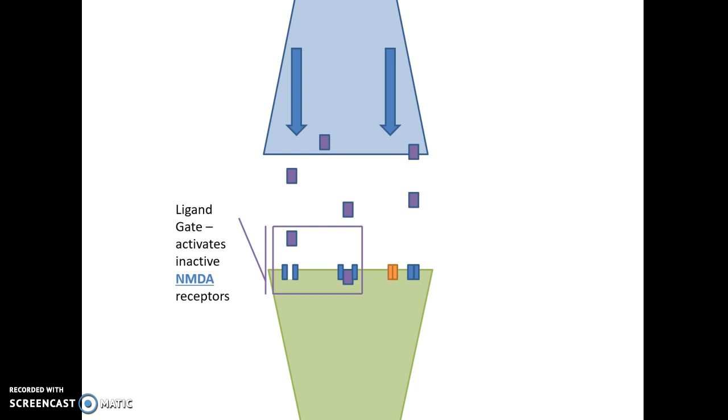And these receptors become activated with glutamate. So on the receiving neuron, there are inactive NMDA receptors, and when the glutamate comes in, we're going to see that it activates these receptors.